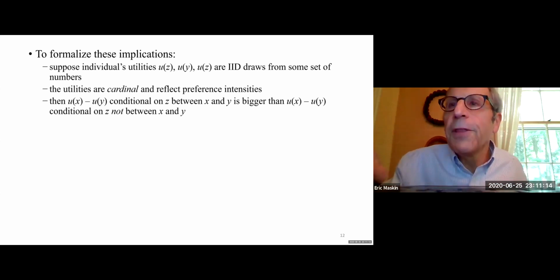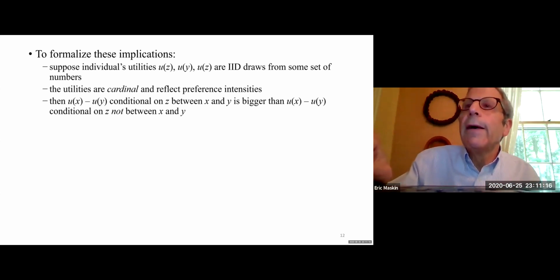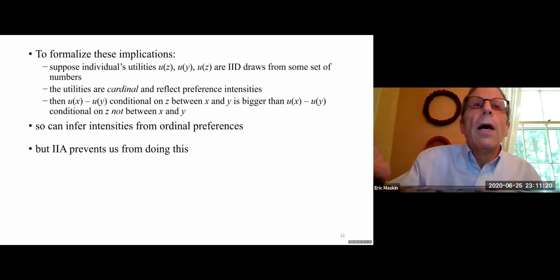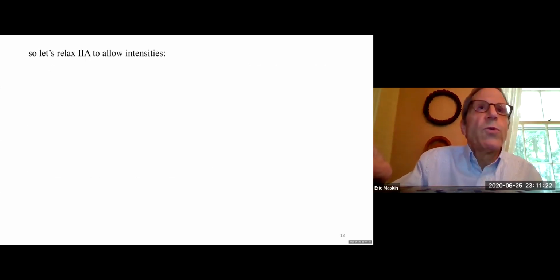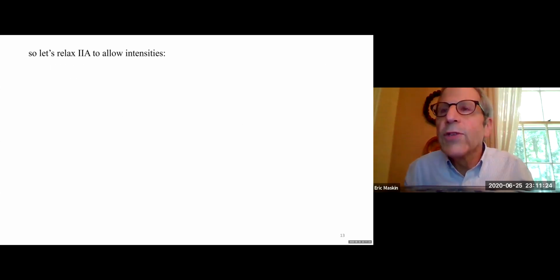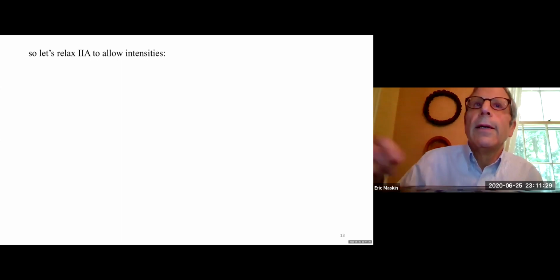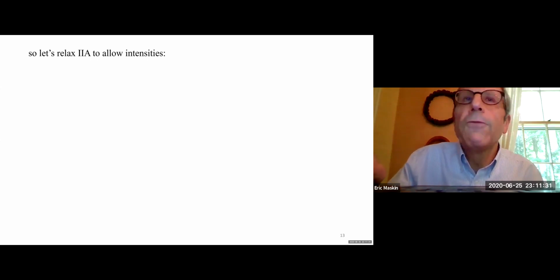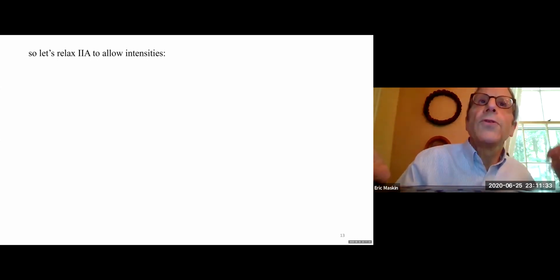Arrow did not allow for that because he had such a strong IIA condition. But we could imagine relaxing IIA so that we could make intensity inferences. Let's do that.